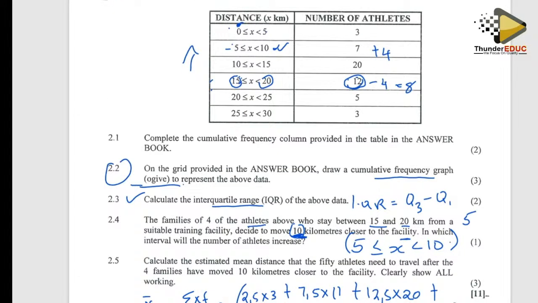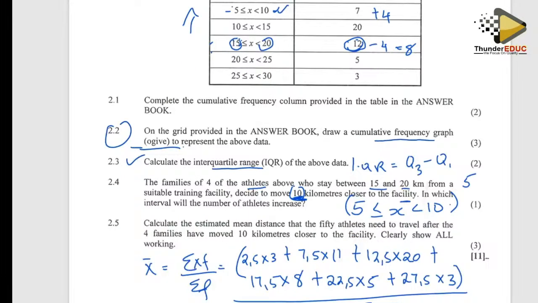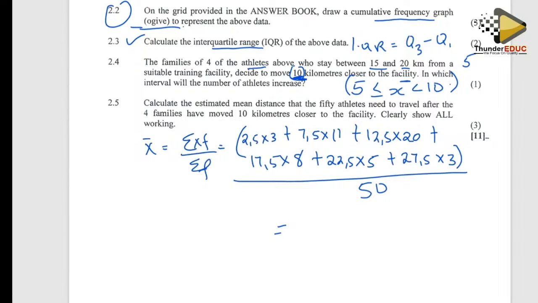Okay. And then the learners decreased from that other category. So let's just punch this into the calculator and see what we end up with. It's 2,5 times 3 plus 7,5 times 11 plus 12,5 times 20 plus 17,5 times 8 plus 22,5 times 5 plus 27,5 times 3.